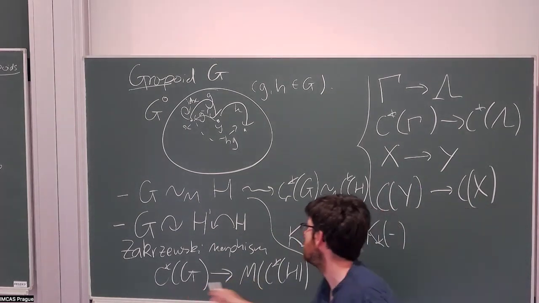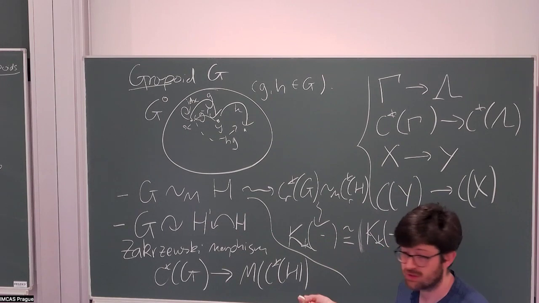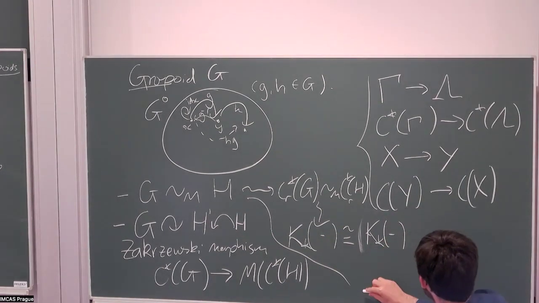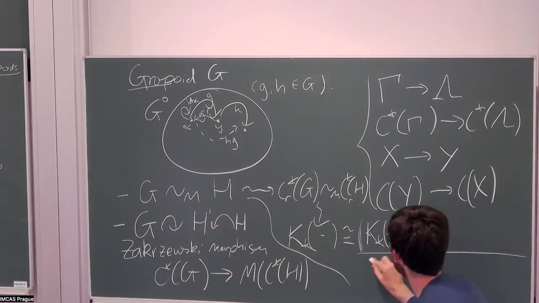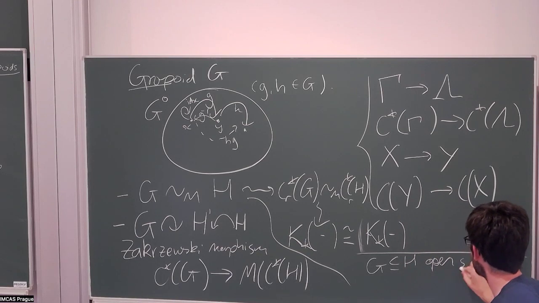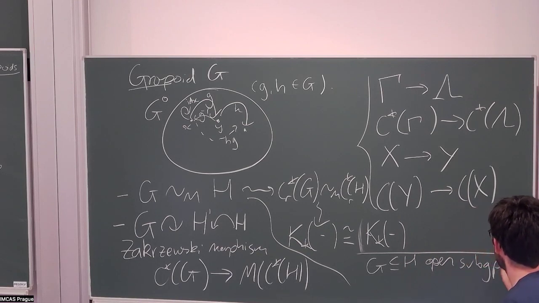So these give us good maps on the level of C-star algebras. An easier one I should have probably given before was if you've got an open subgroupoid, then this gives you an inclusion on the level of the C-star algebras as well.